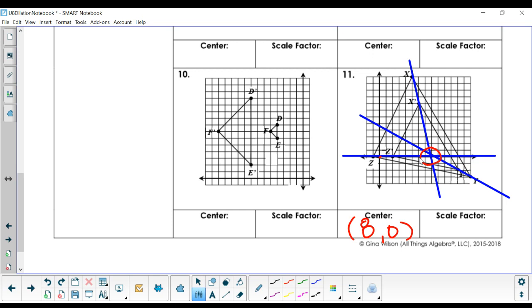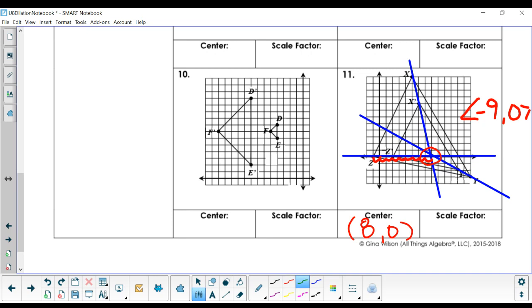So from our center of dilation, we're going to count how many to the left our Z, for our pre-image. 1, 2, 3, 4, 5, 6, 7, 8, and 9. Okay. So it is 9 to the left and it did not go up or down.